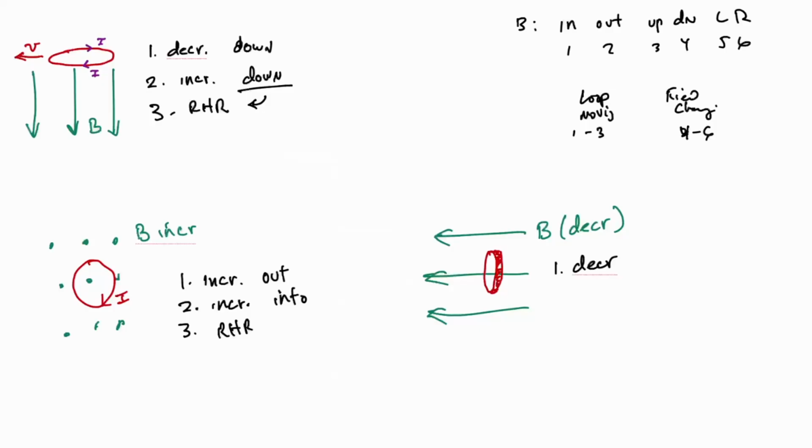Which way? To the left. Field's pointed to the left. So we're going to increase to the left, which means that the current will flow up this way and down that way.